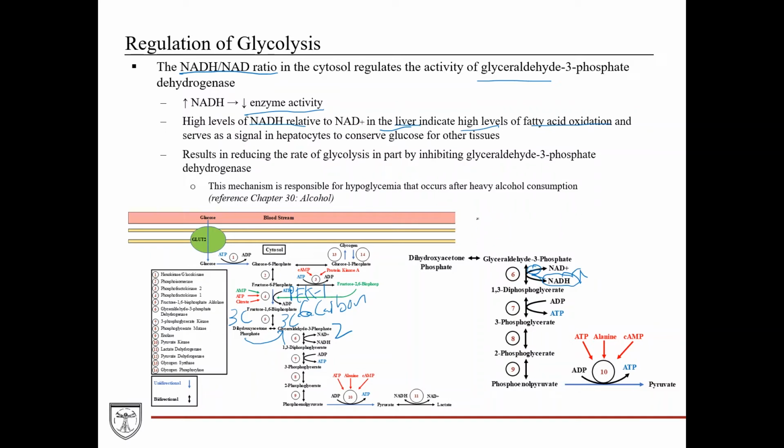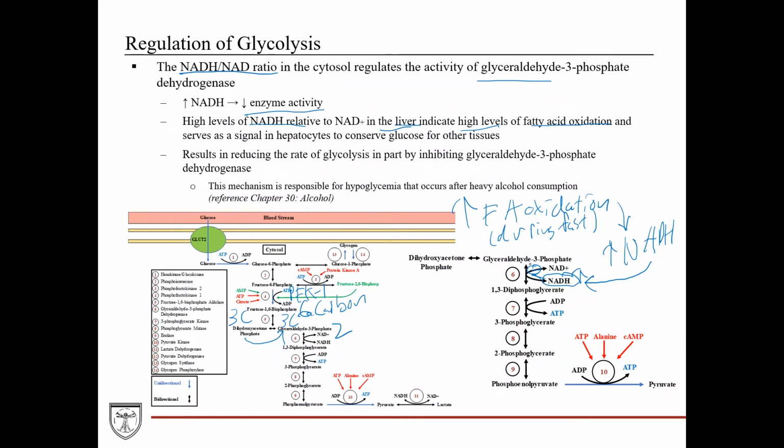That's because the reactions that carry out fatty acid oxidation, which is going to be increased during fasting, are going to lead to increased levels of NADH, which will indicate to the liver that the body is in a fasting state and it needs to begin the process of switching from using glucose to using fatty acids so that then it can carry out gluconeogenesis and synthesize glucose and break down glycogen to provide glucose for peripheral tissues.